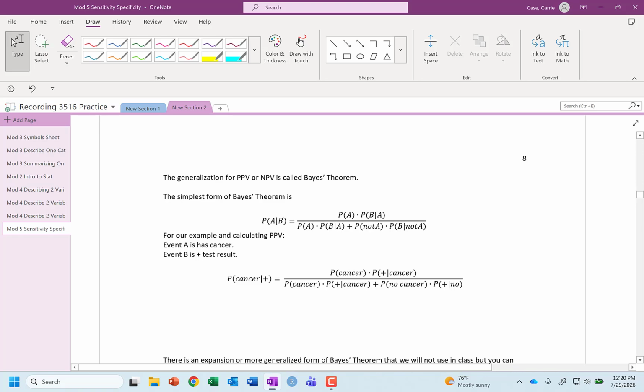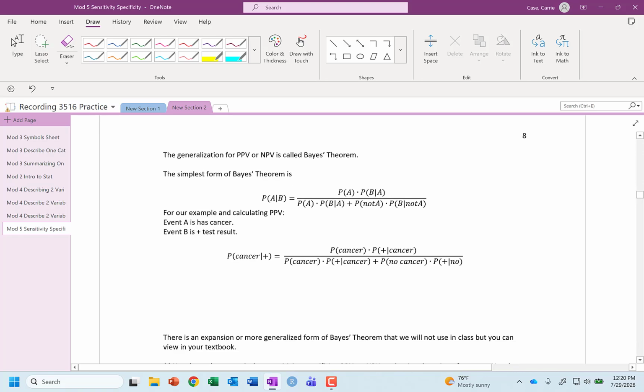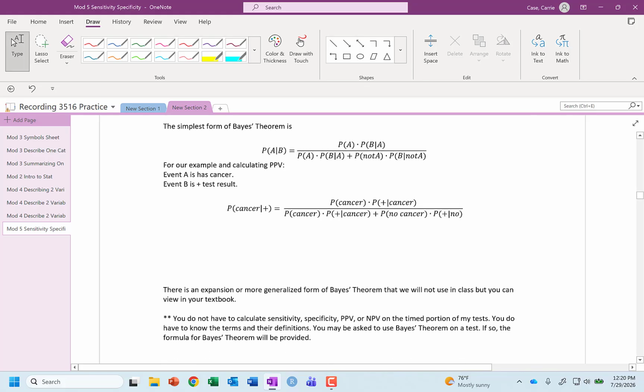And for our example, in calculating PPV, event A is has cancer and event B is a positive test result. Well, the Bayes theorem application is the probability that the person has cancer given that they got a positive test result. So that's the probability of having cancer, which is 0.014 from our math. Probability of having a positive test result given that they had cancer is 0.914.